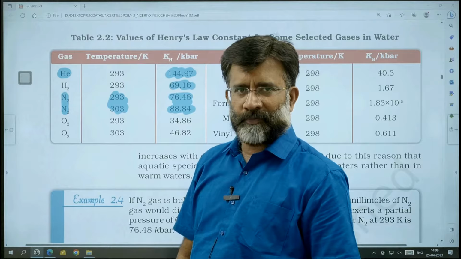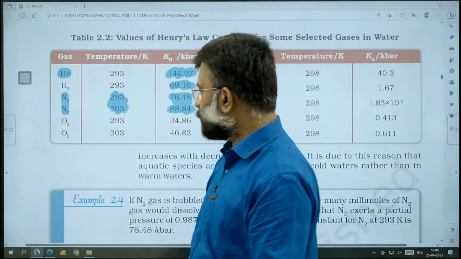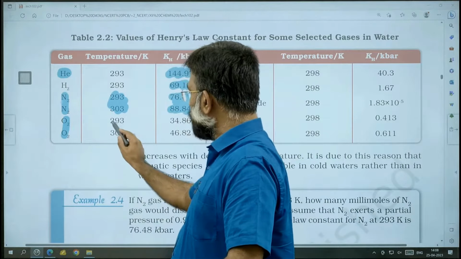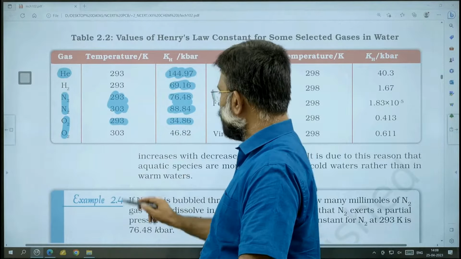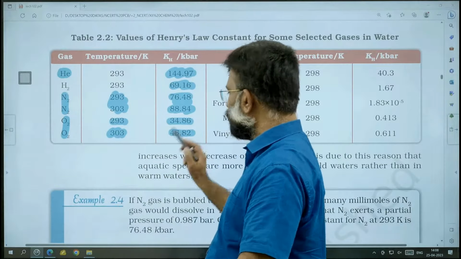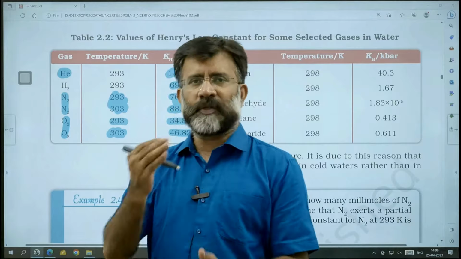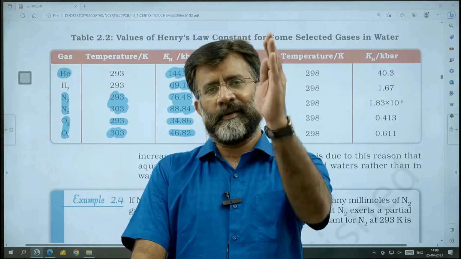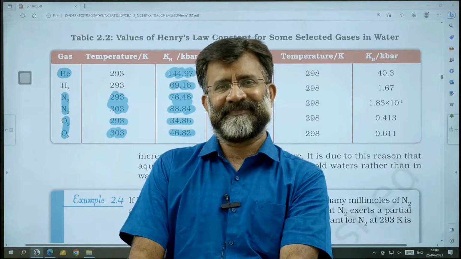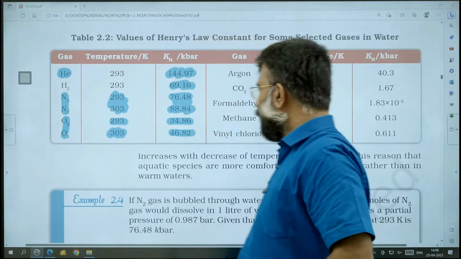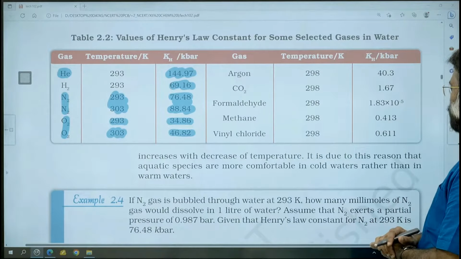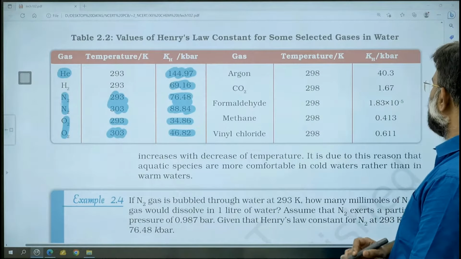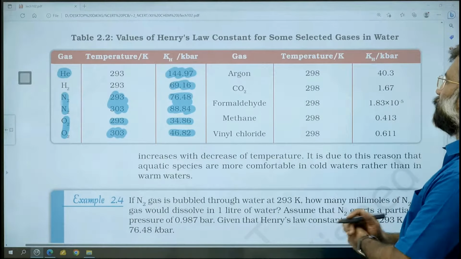Is it only for nitrogen? No, it's a general fact. For oxygen, 293, 34.86; 303, 46.83. So as the temperature increases, the KH value increases and solubility decreases. Which is the highly soluble component in the table?